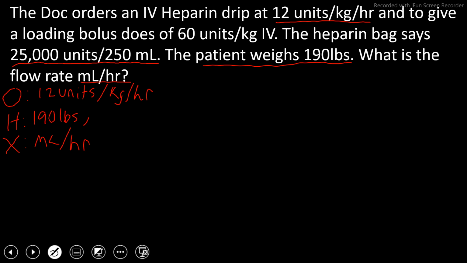We know that we have the heparin bag that says 25,000 units per 250 ml. Again, let's start with what we want. So we want our ml per hour. Writing it like this is less confusing than how we did it up here.